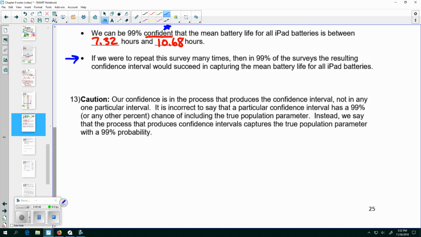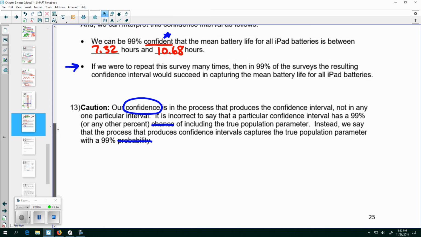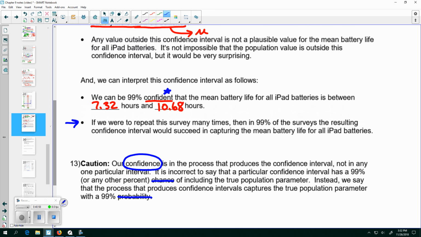My recommendation is to use the term confidence and try to stay away from the words chance or probability when interpreting these intervals. This is the best way to interpret them: you're 99% or some other percent confident that your mean is in between these two values in your interval.